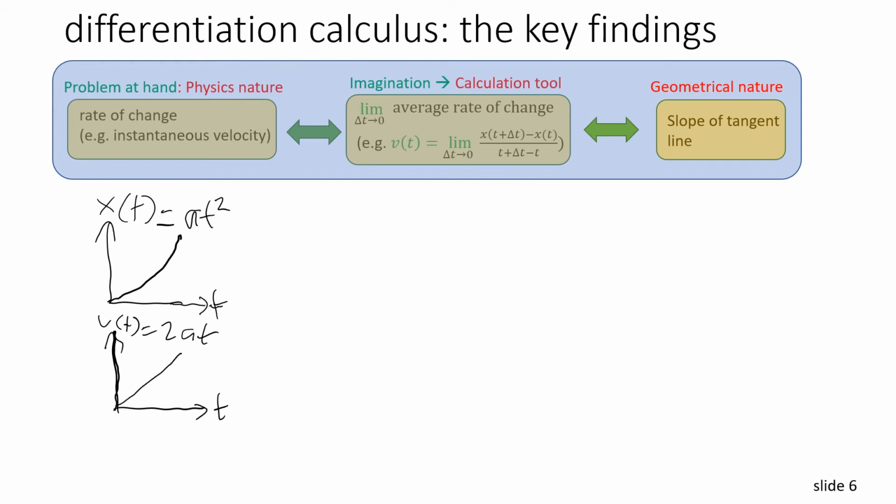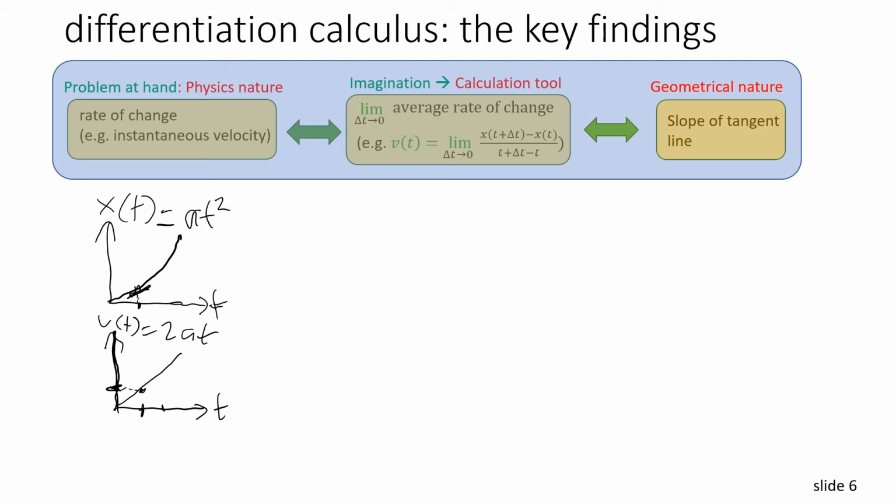And then that would be like this one. So you see here, for this point on the x curve, the slope is this guy, and that'll match up to this value on the v of t graph.